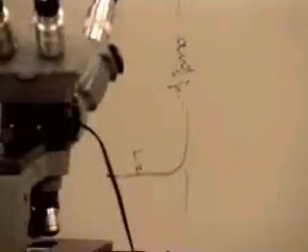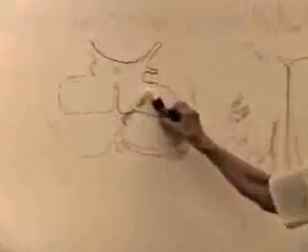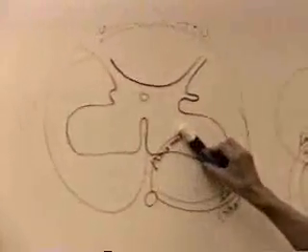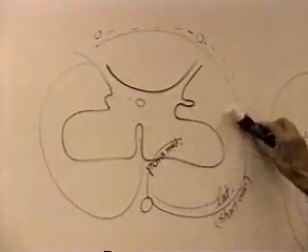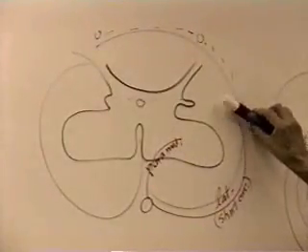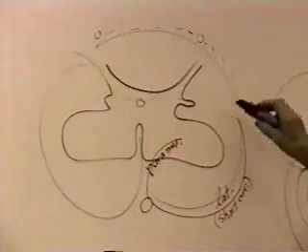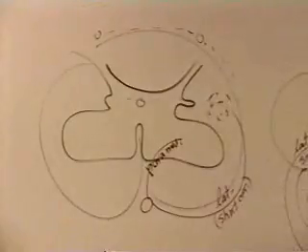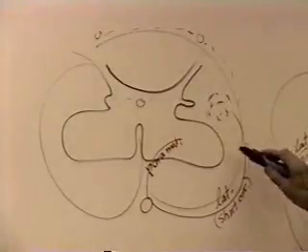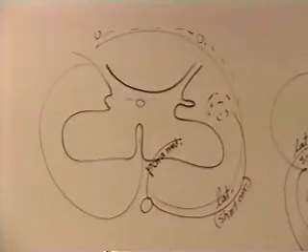The result is that there are two basic syndromes of spinal cord. One paramedian, mostly the gray matter, and one lateral, mostly the corticospinal tract, and some of the ascending sensory pathways.